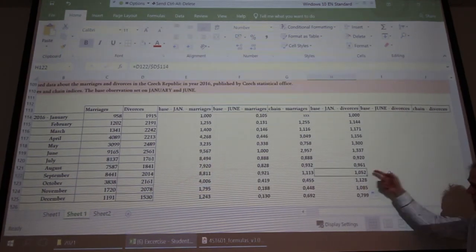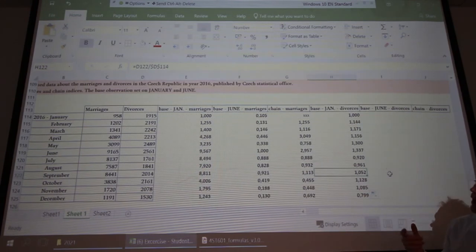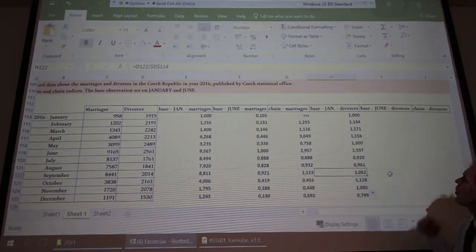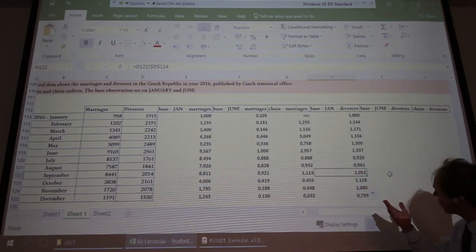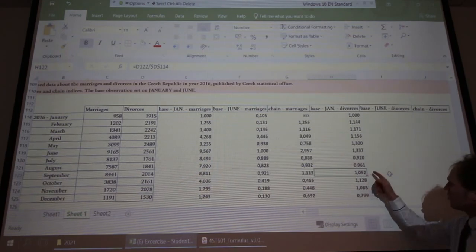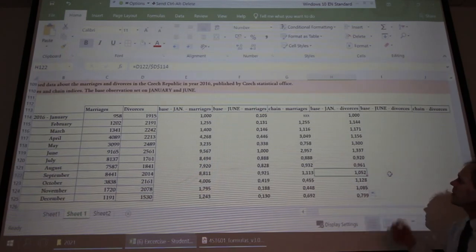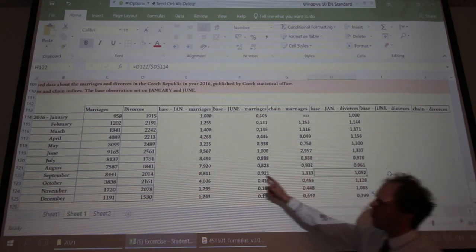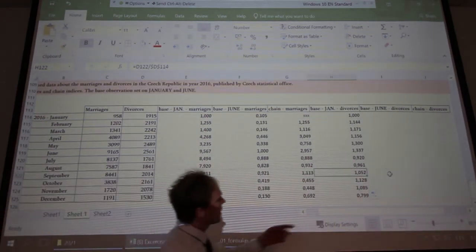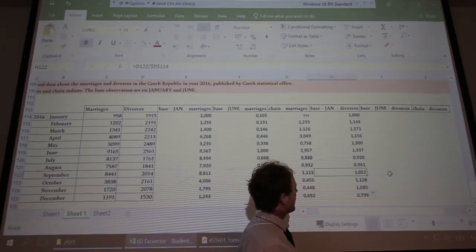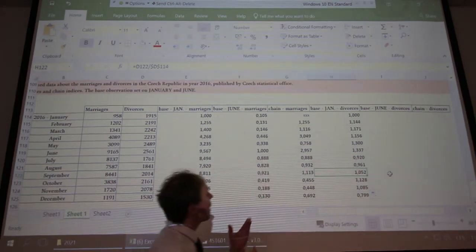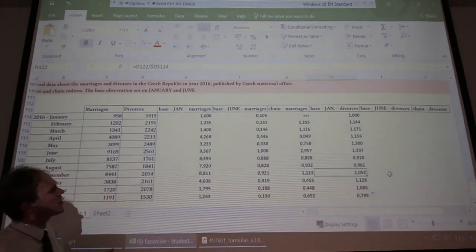There is increasing on September, the number of divorces increased in comparison with January by 5.2%. And in August, the number of divorces decreased by 3.9% in comparison with January, etc., etc.